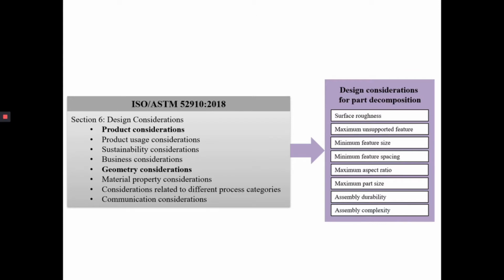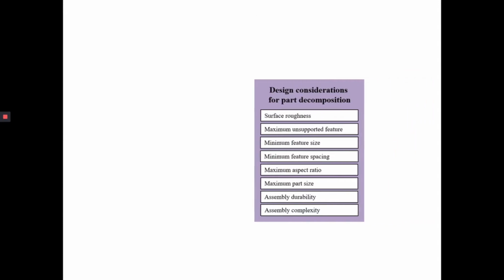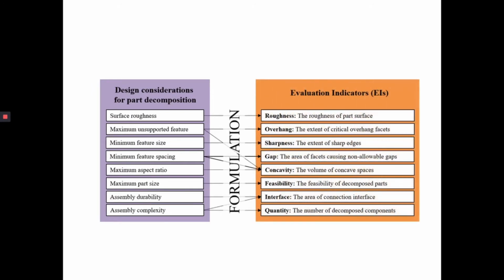Then, to quantitatively evaluate the design considerations, they are formulated as mathematical forms. We name these evaluation indicators for part decomposition. Now, decomposed parts are evaluated based on these indicators.